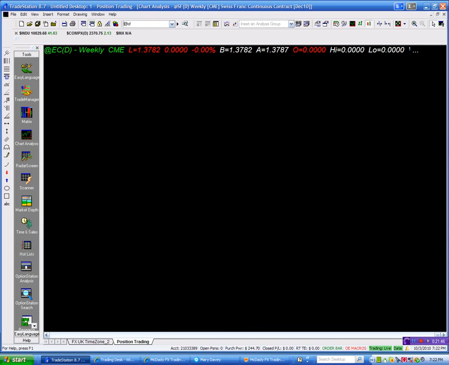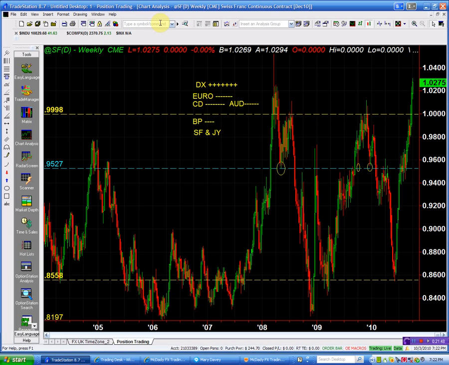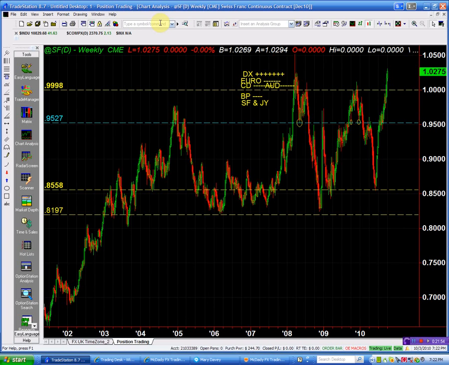I personally would favor the euro. One, because we're coming out of a bear market in the euro, and that might imply that we are in a short covering move. So that move would be nice, extended and pushing higher.